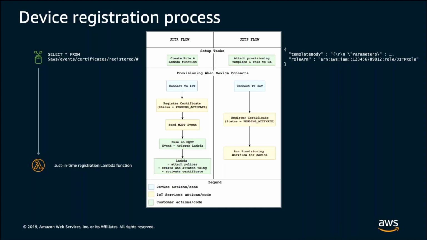Just-in-time registration needs to create an IoT rule and a Lambda function, whereas just-in-time provisioning requires a template body attached to the CA certificate. Both of them are going to be triggered when a new device with an unregistered certificate tries to connect to AWS IoT Core.